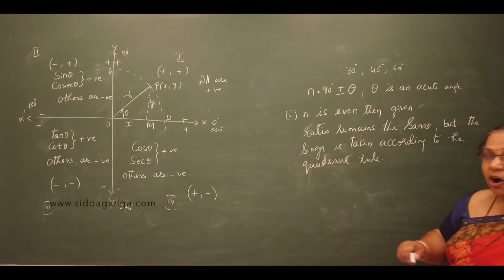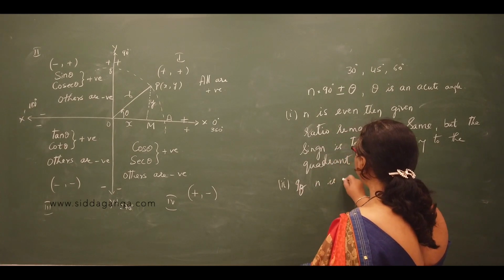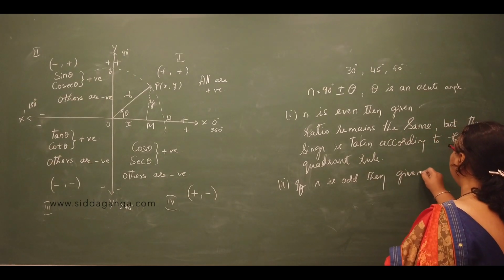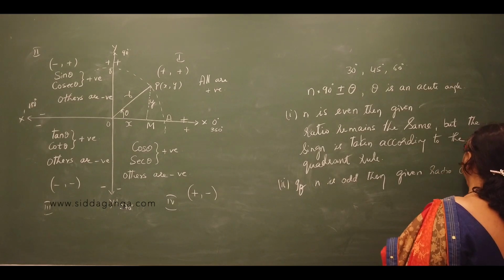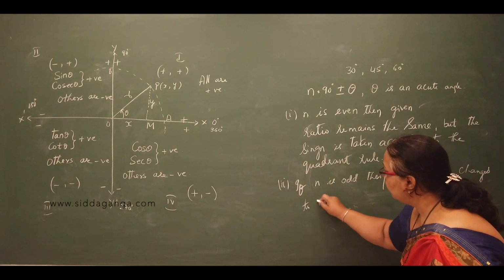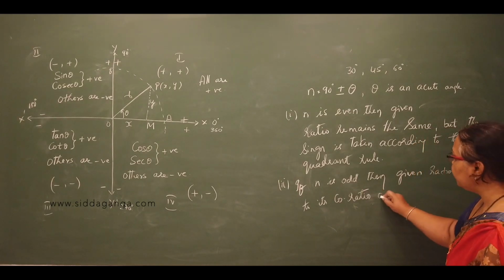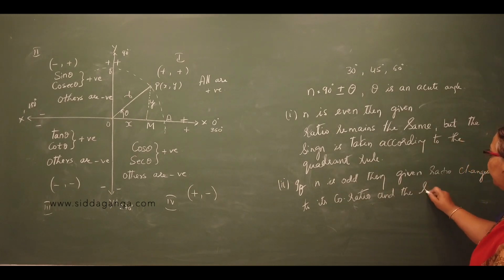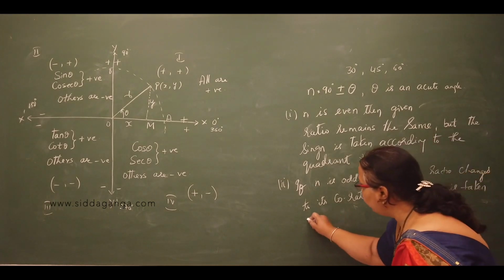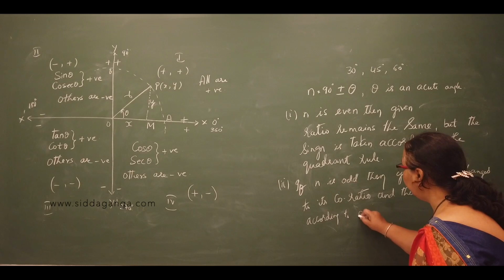If n is an odd number, then the given ratio changes to its co-ratio, and the sign is taken according to the quadrant rule.